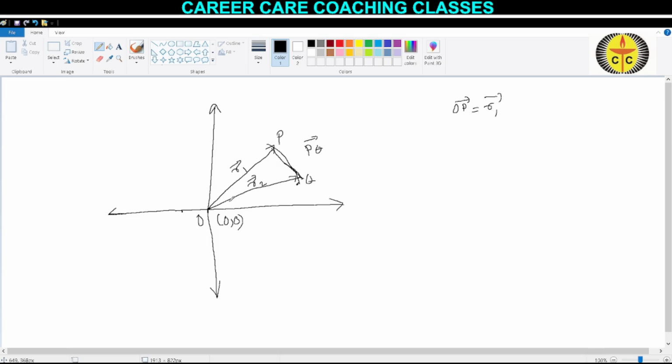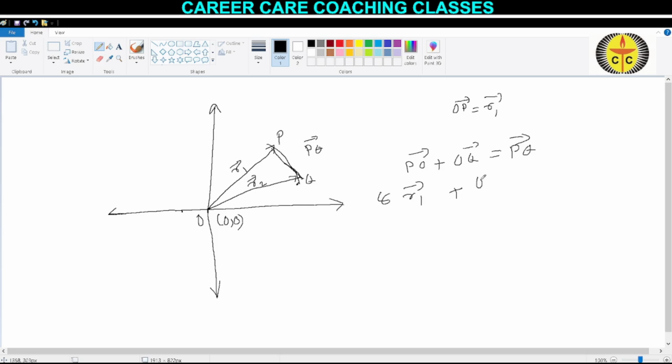So here it constitutes a triangle. In the triangle, we can apply the triangle law: PO plus OQ is equal to PQ. What is PO? PO is negative R1.